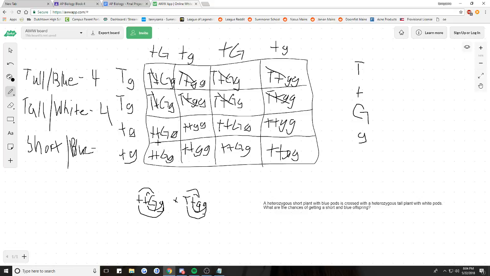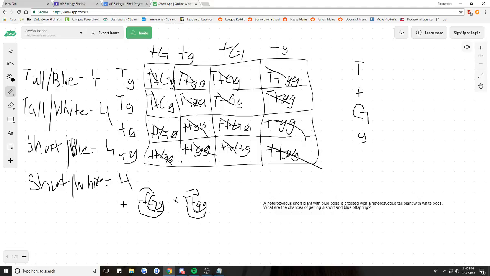And it would be 1, 2, 3, 4. So there'd be 4 as well. For the last possibility, you have the short and the white, which is both the recessive ones. Now obviously there's only 4 left, so it'll be 1, 2, 3, 4.